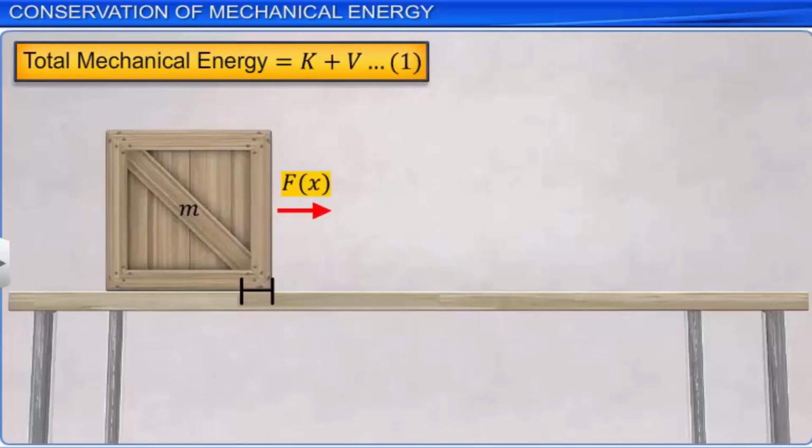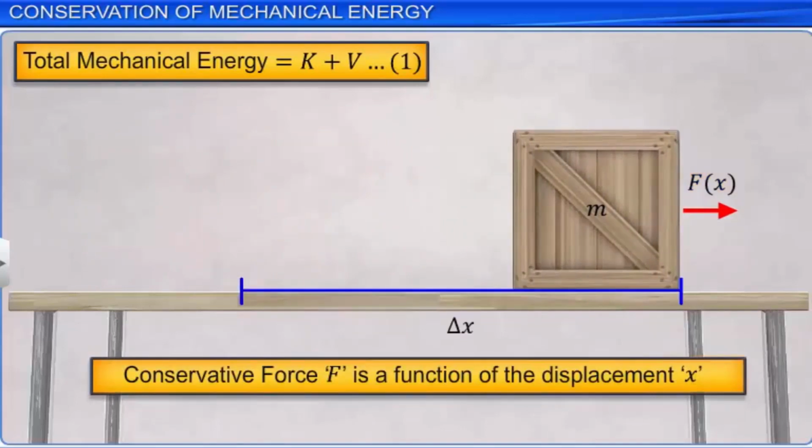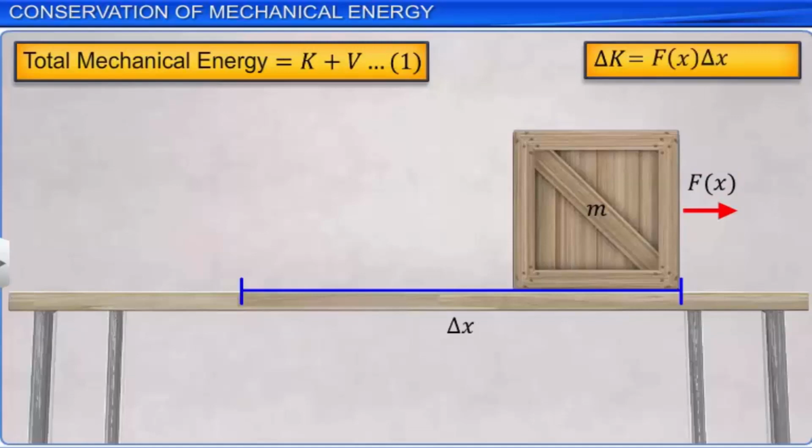If a body is displaced due to a conservative force F, which is a function of displacement x, then from the work-energy theorem, the gain in kinetic energy is equal to the work done by such a conservative force F(x), denoted by the equation delta K = F(x) delta x. Let this be equation 2.